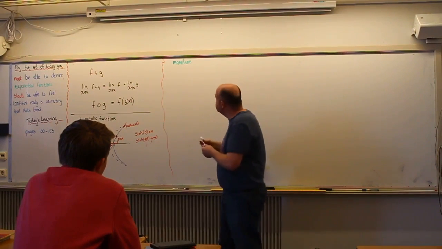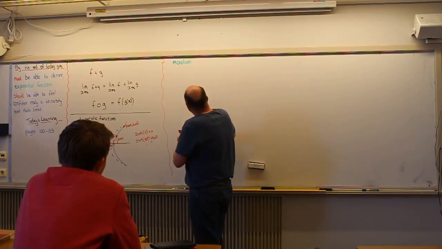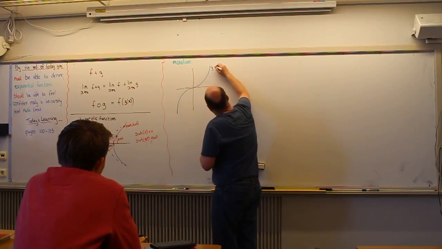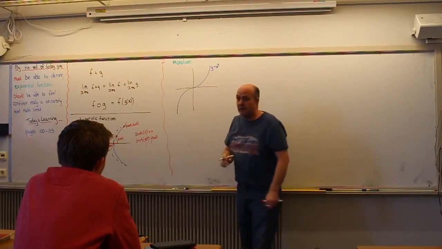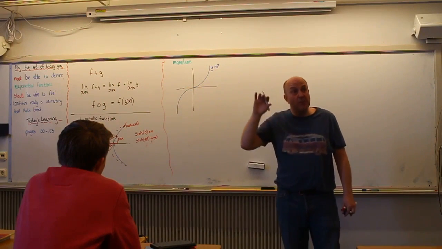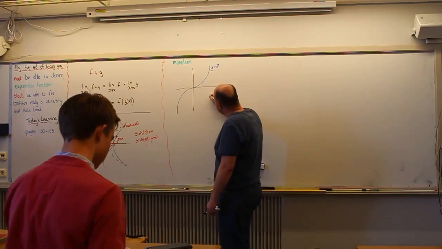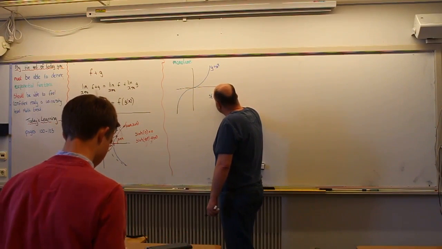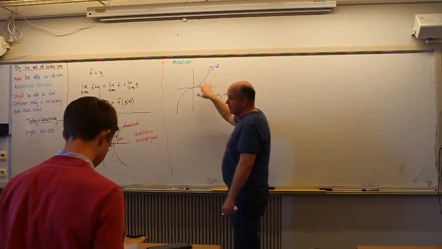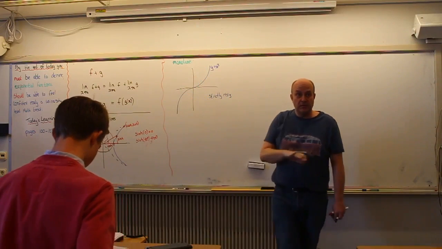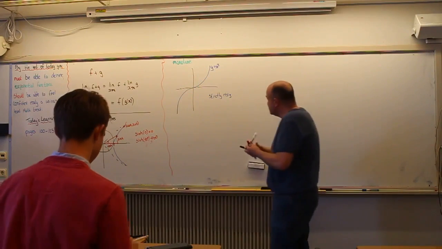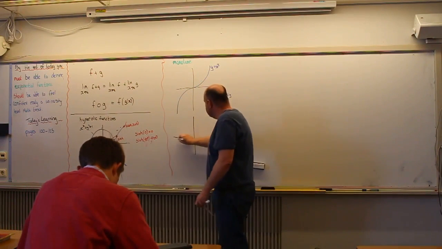I'll give you a couple of examples. An easy one would be this one. y equals x cubed. It's monotone. It's always going up. We say strictly rising in this case. So because it's strictly rising, it's strictly monotone. It's always going up.